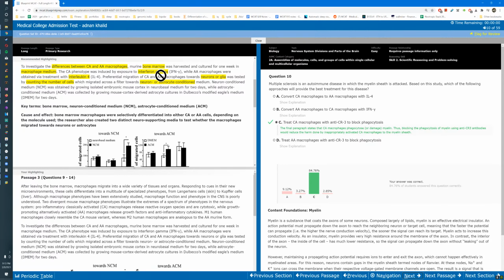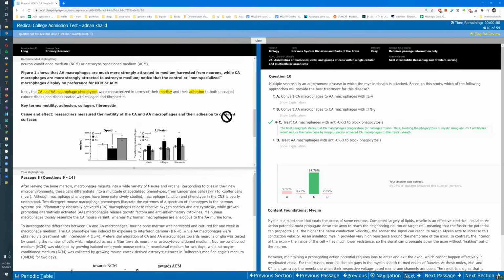CA seems to be induced by exposure to this type of immune system thing. I think this is like a factor or something like that. While AA ones were through some other thing involved in the immune system. Let's see, blah blah blah.